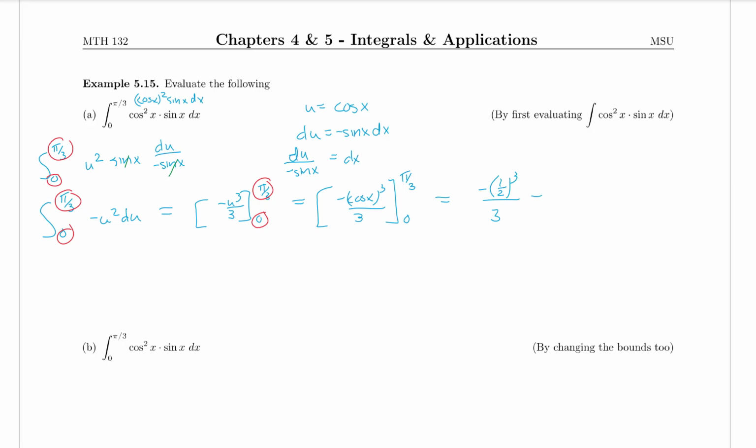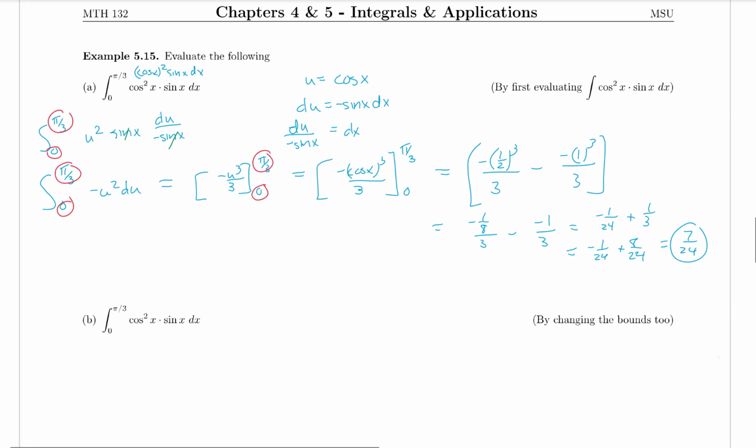And the cosine of 0 is 1, so I have 1 cubed over 3. And so I get negative 1/8 over 3 minus negative 1 over 3, which gives me negative 1/24 plus 1/3, which is negative 1/24 plus 8/24, I'm sorry, I'm getting common denominators there. And so that gives me 7/24 as my integral.